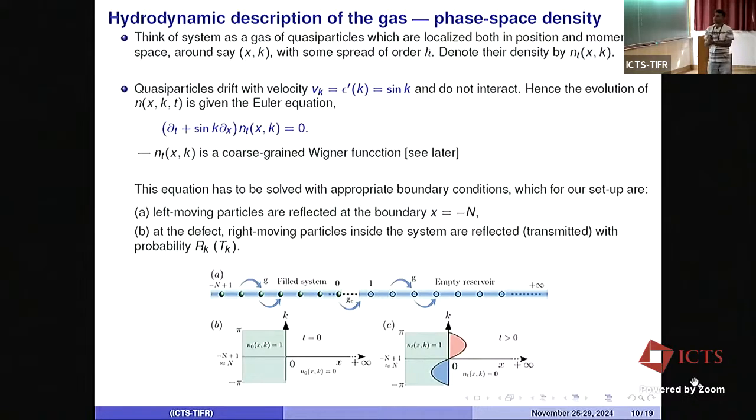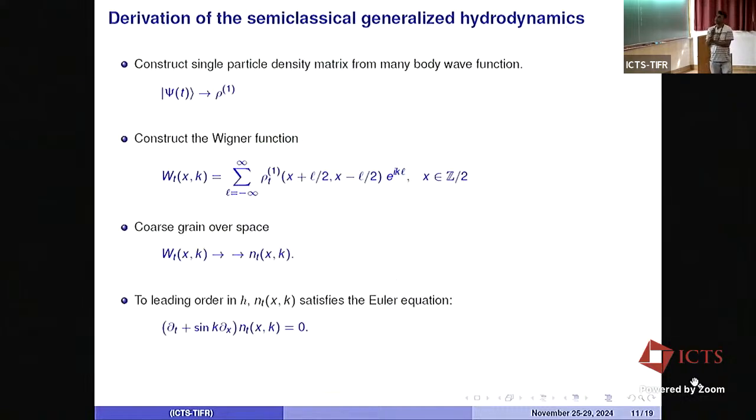Now, once we know this phase space density, how do we compute the entanglement entropy? Before going to that, I'll talk about how one can obtain this equation from a more microscopic picture. Given the many-body state psi, I can construct a single particle density matrix, and from this one can compute a single particle Wigner function.